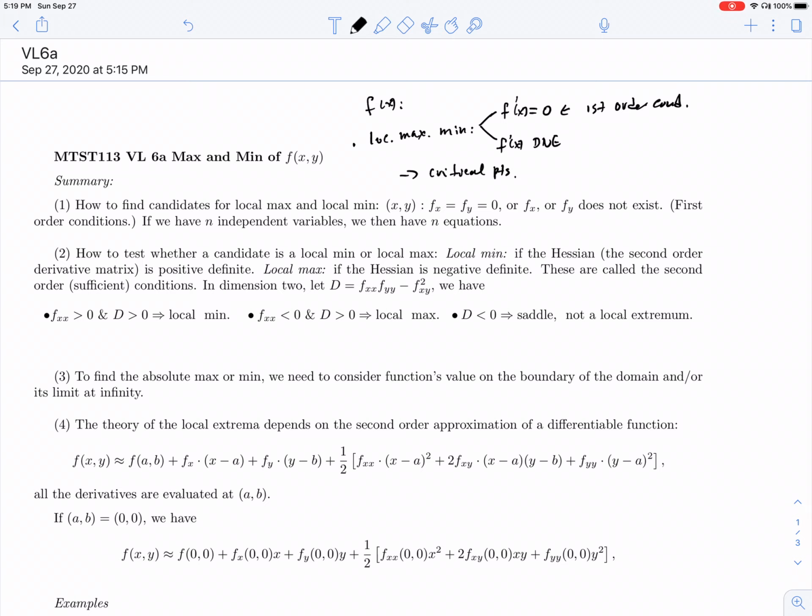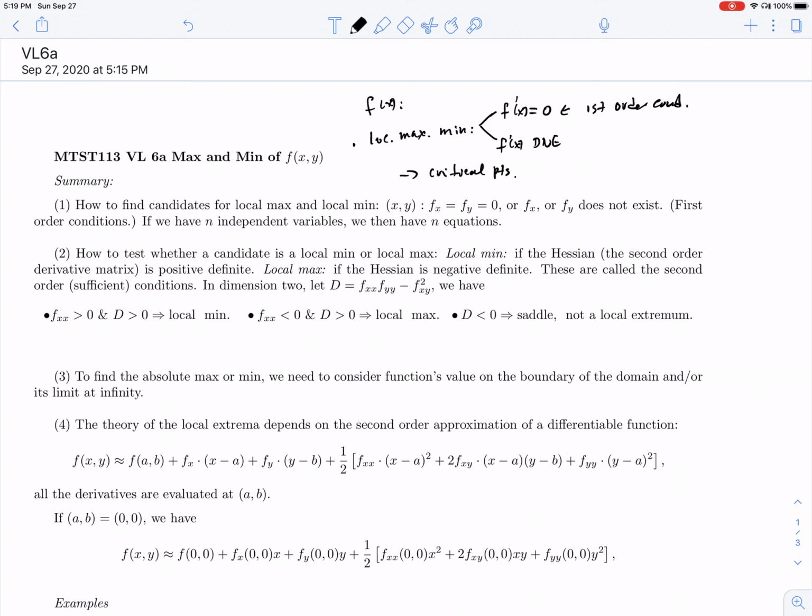And in dimension 1, to tell whether a point is local maximum or local minimum, we also had a derivative test. We say if the derivative is increasing, then it's local minimum. If the derivative is decreasing, then it's local maximum. And we don't have this kind of test for multivariable functions.